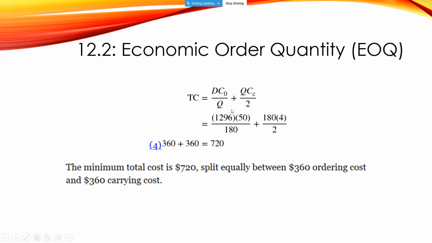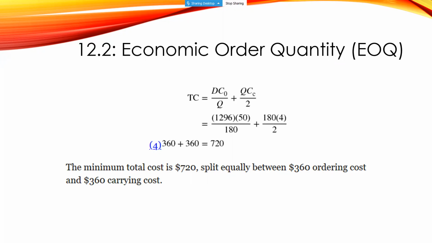Annual ordering cost being the first half, annual carrying cost being the second half. So weirdly, the ordering cost and the carrying cost were both $360, evenly split between ordering and carrying costs. That's not always the case, just the way this example turned out.